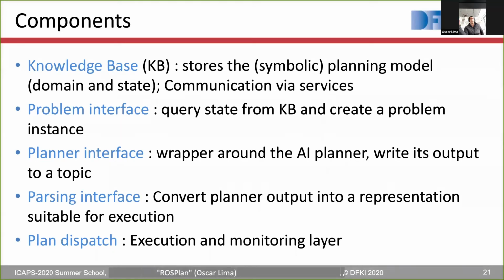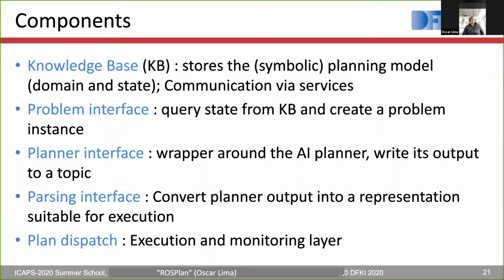So you do a ROS service call, and tell the knowledge base what kind of information you want to put there, or what kind of information you want to delete from there. And then the knowledge base will handle this database for you, and it will add or delete your facts or your goals or your instances.